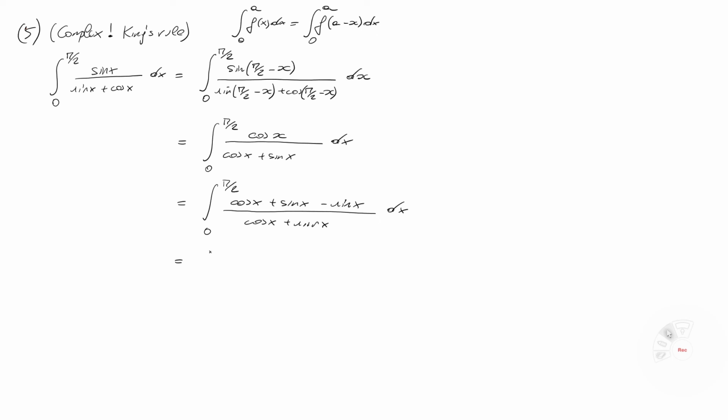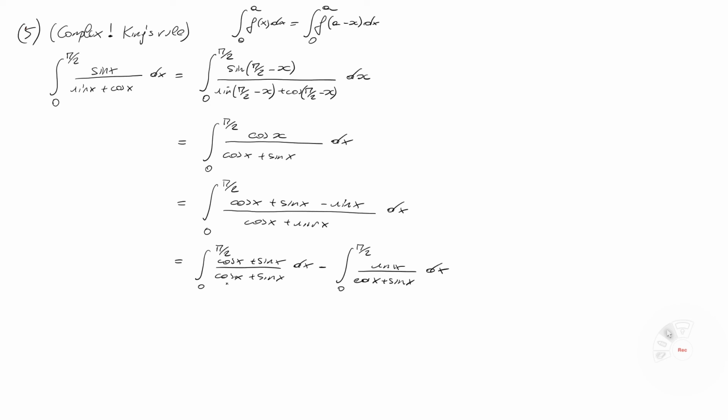Now I can write this as the integral of cosine x plus sine x divided by cosine x plus sine x dx, and now minus the integral from 0 to pi over 2 of sine x over cosine x plus sine x dx.